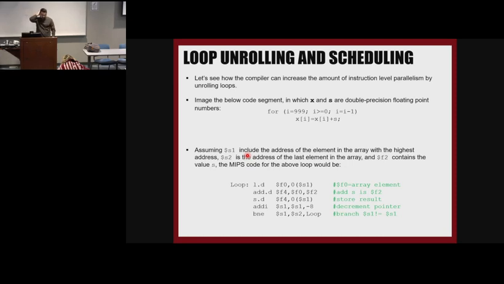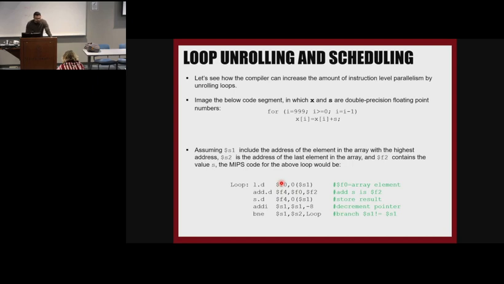So if we have this assumption, and if we assume that register F2 has the content of S, then the most straightforward code for it is: we load the first element in array X and put it in register F0.